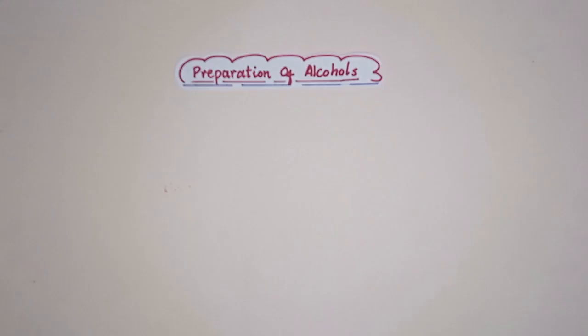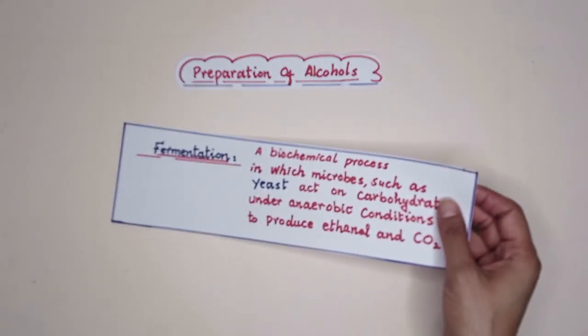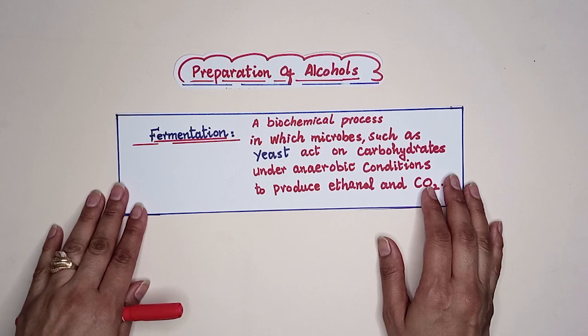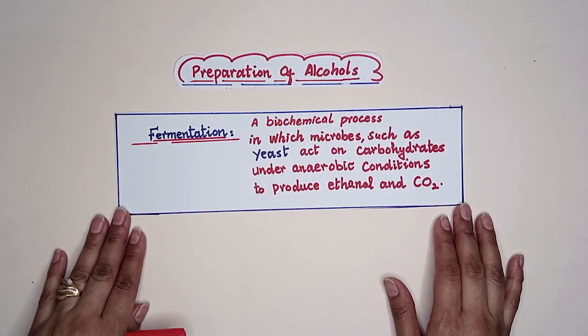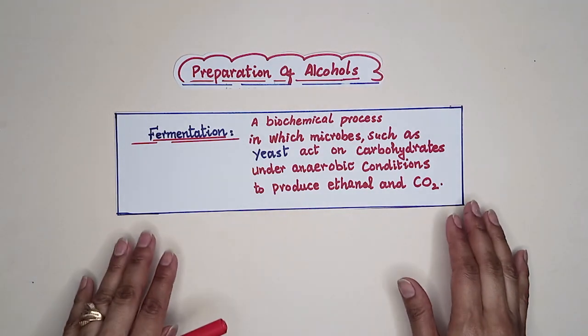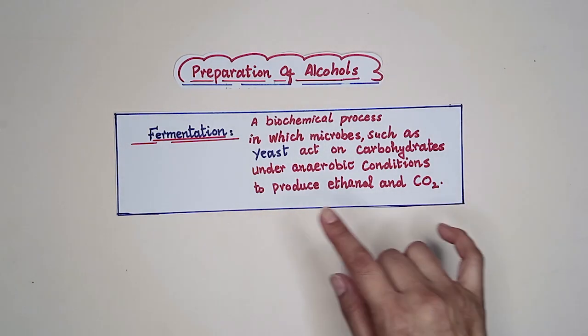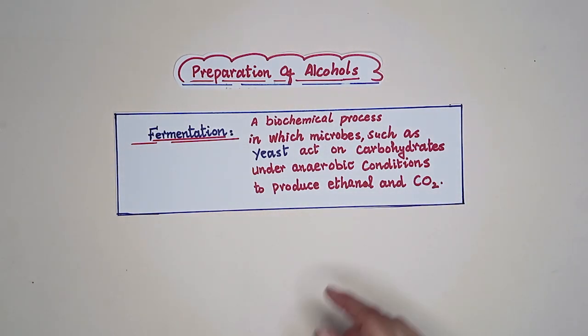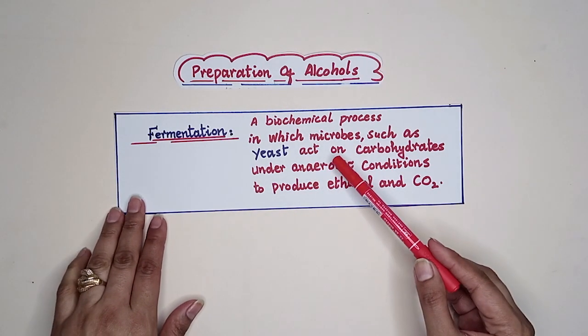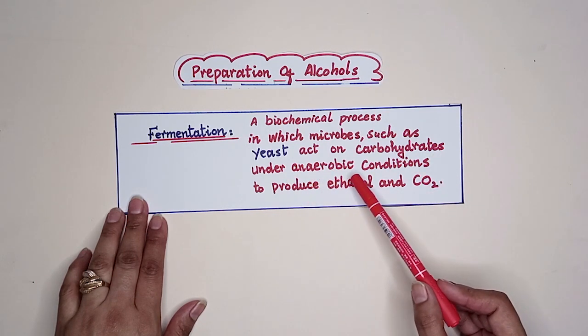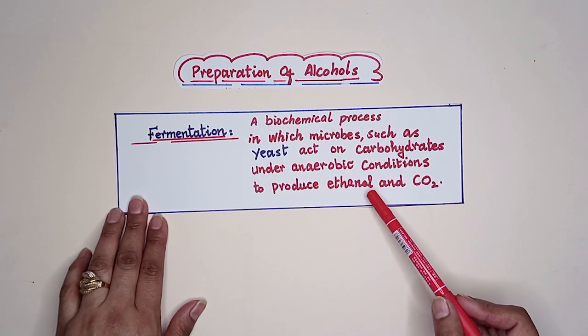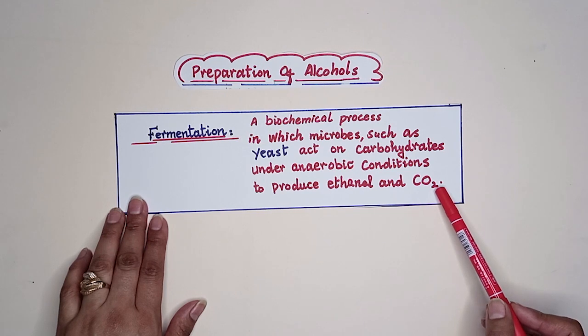Another way for the preparation of alcohol is the biological way, that is fermentation. What basically is fermentation? A biochemical process in which microbes such as yeast act on carbohydrates under anaerobic conditions to produce ethanol and carbon dioxide gas.